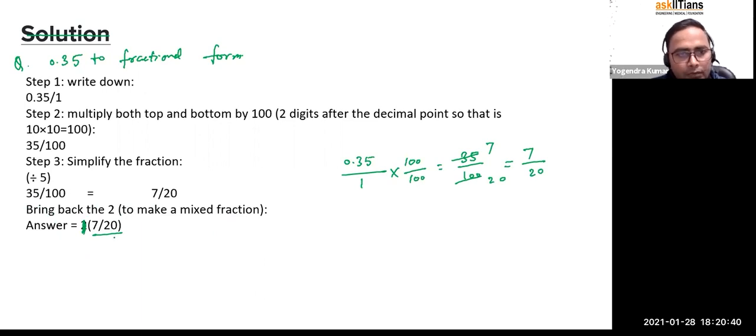Okay, very good. So basically, we did this for 0.25. Now, what was the original question? Okay, this is another way we can say.